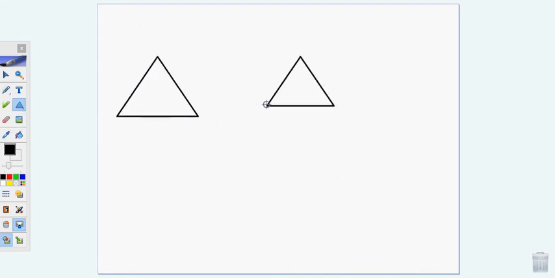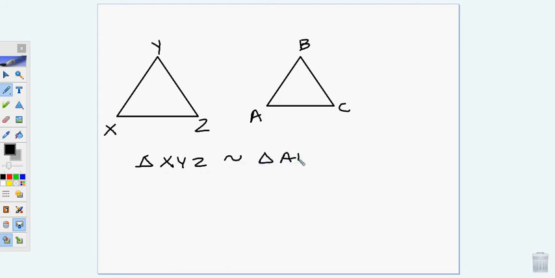Let's say this one is XYZ and this one's ABC. And I tell you that triangle XYZ is similar to triangle ABC, and I want you to decide what the scale factor is.